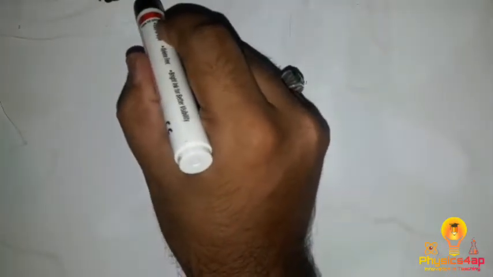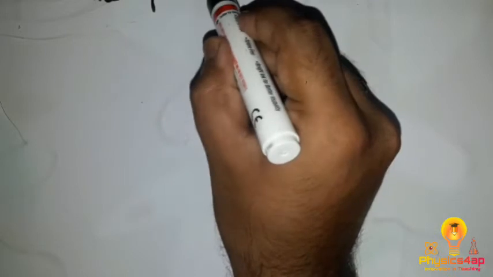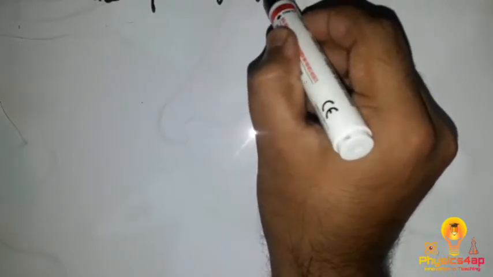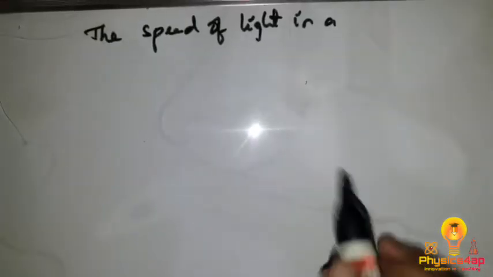So let's take an example over here. First let us find the refractive index considering the speed of light in a medium.